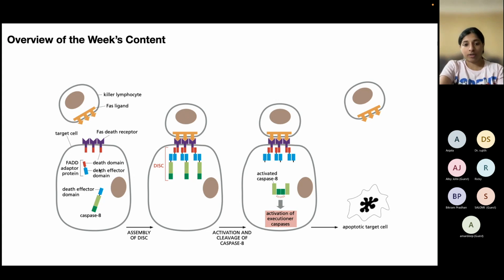So when the contact is established between a killer lymphocyte and the target cell, there is activation of the initiator caspases. Now, these caspases can go and further activate other caspases downstream, ultimately leading to initiation of apoptosis. Then this cell is marked for apoptosis and it will ultimately die.